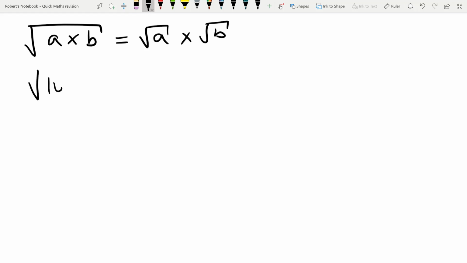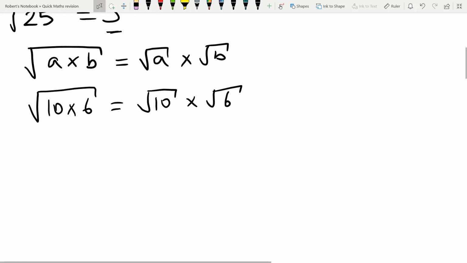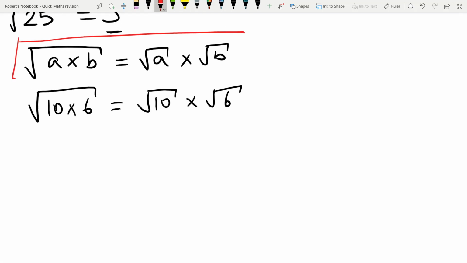So the square root of 10 times 6 is the square root of 10 times the square root of 6. And you can do that with any positive numbers a or b. So now that we know this rule, which is the main rule when it comes to simplifying surds, we can use it to simplify our surds.